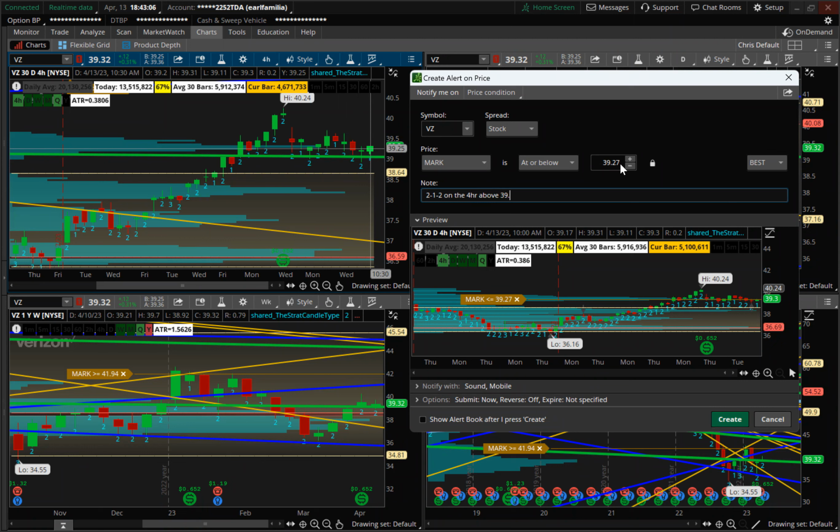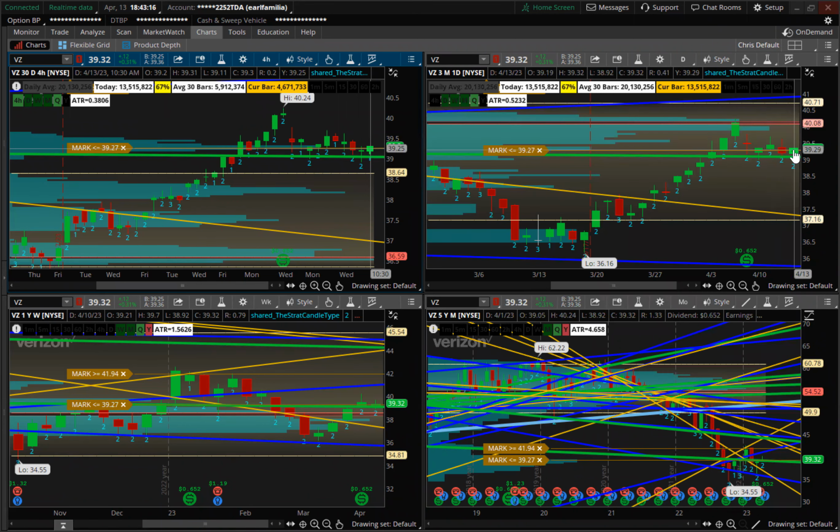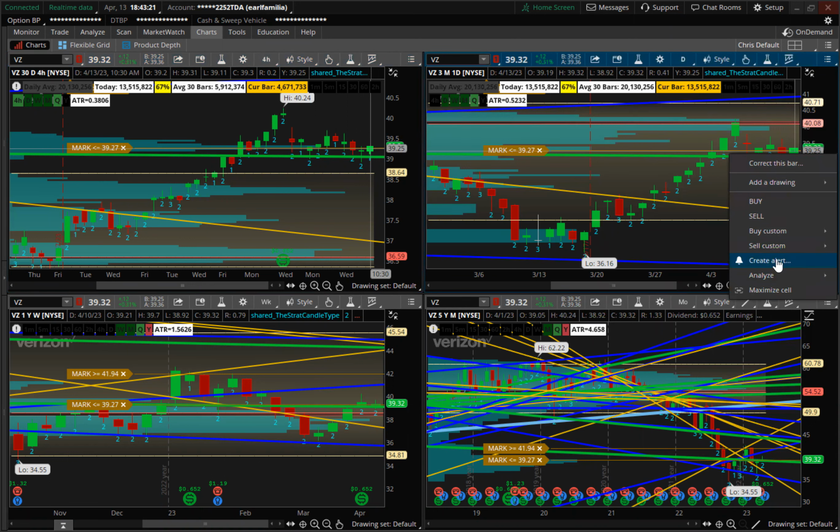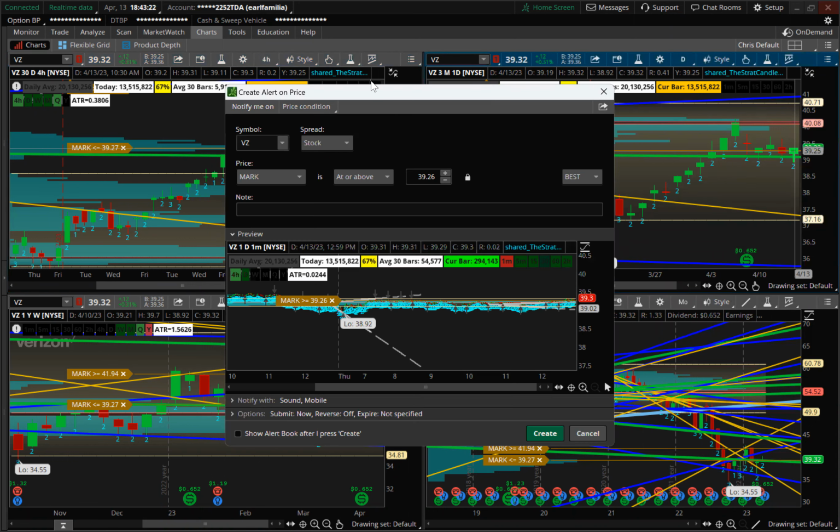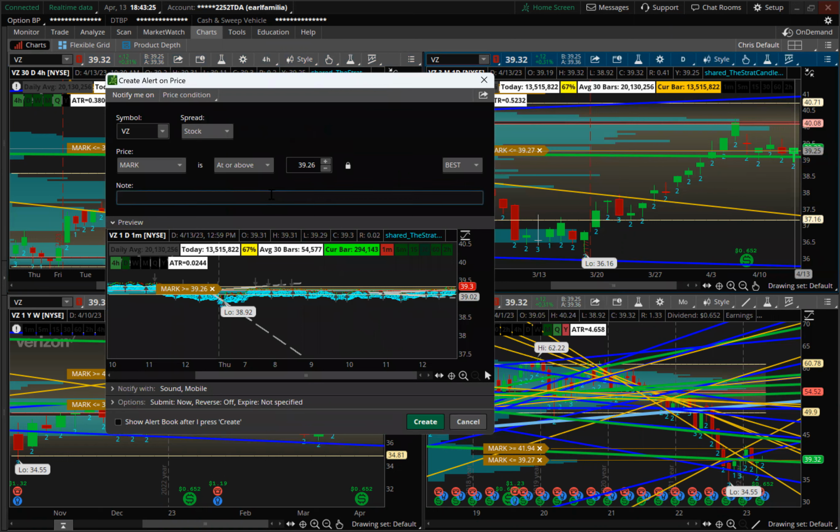So you've got 39.31 as your entry level on the 4 hour, which looks solid. Then on the day, one penny up, 39.32. That's funny, both trigger points are a penny apart, so that should be an opportunity if you get the trigger.